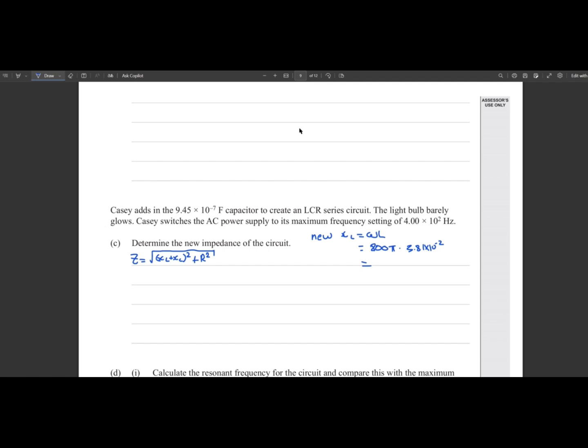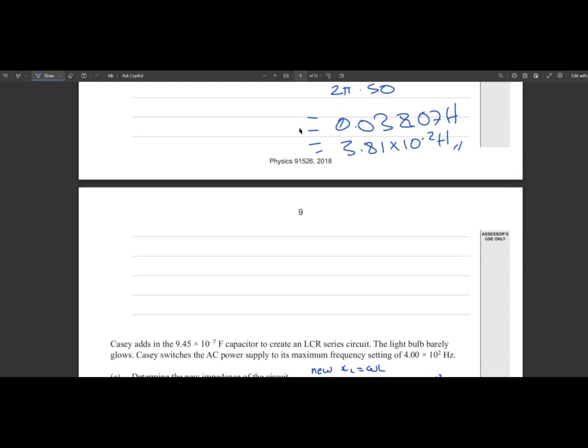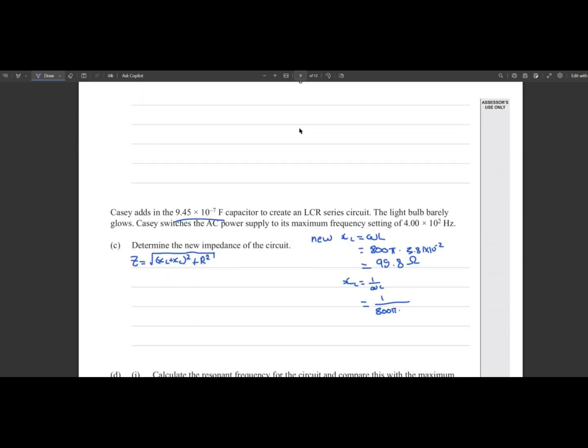I get 95.8 ohms for the XL, and XC is 1 on omega C, which is going to be 1 on 800 pi times 9.45 times 10 minus 7.